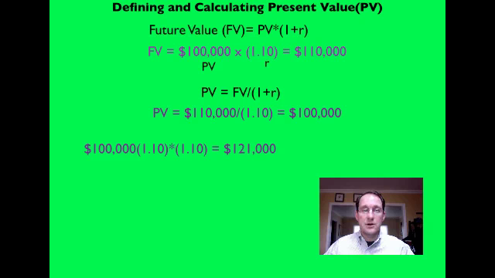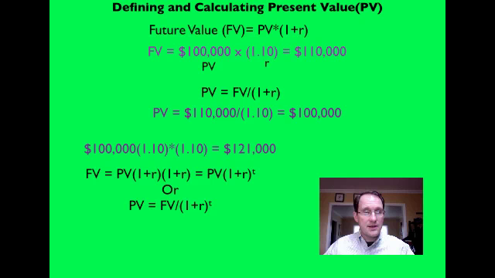Let's think again about the 2-year example. There you see that equation, $100,000 times 1.1 times 1.1 equals $121,000. Future value, in this case, and we need to pay particular attention to a couple of new terms here. Future value, like this equation up here, is going to equal present value times 1 plus the interest rate. But remember, it's 2 years, so 1 plus r times 1 plus r equals, and here's where our superscript t comes in for time.